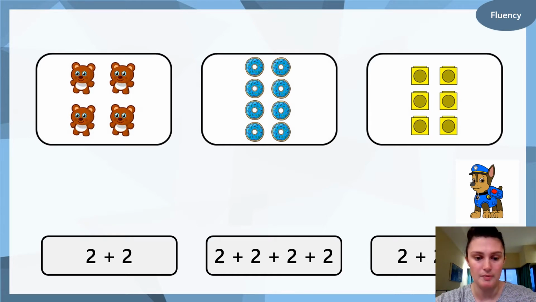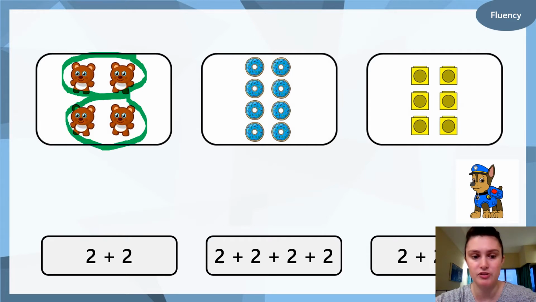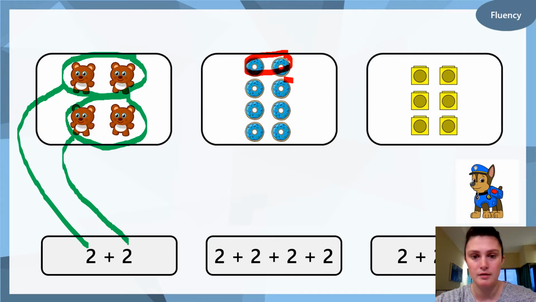Let me use my marker here just to show you. So there's a row of 2 and another row of 2. So we have 2 plus 2. Here we have one row of 2, another row of 2, another row of 2, and another row of 2.